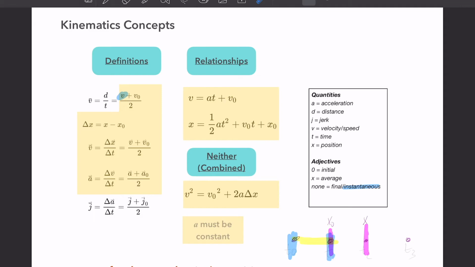Which leads us to another problem that students sometimes have with this word quantity. A quantity is any attribute that can be measured.